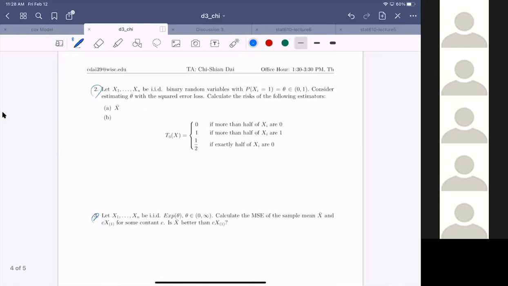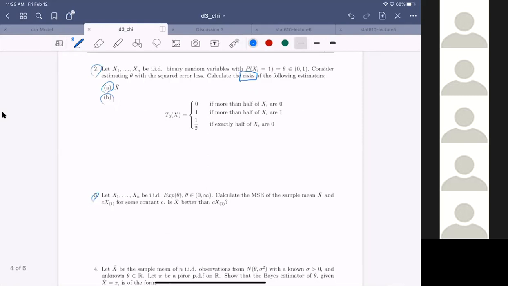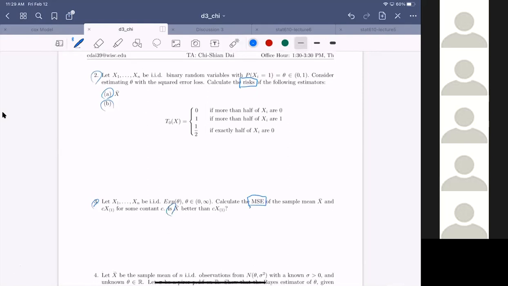Question 2 just uses the definition of the likelihood. And we have two estimators, X bar and this. The third question, you have to use the definition of the mean square error. And you have to compare these two estimators, which one is better.